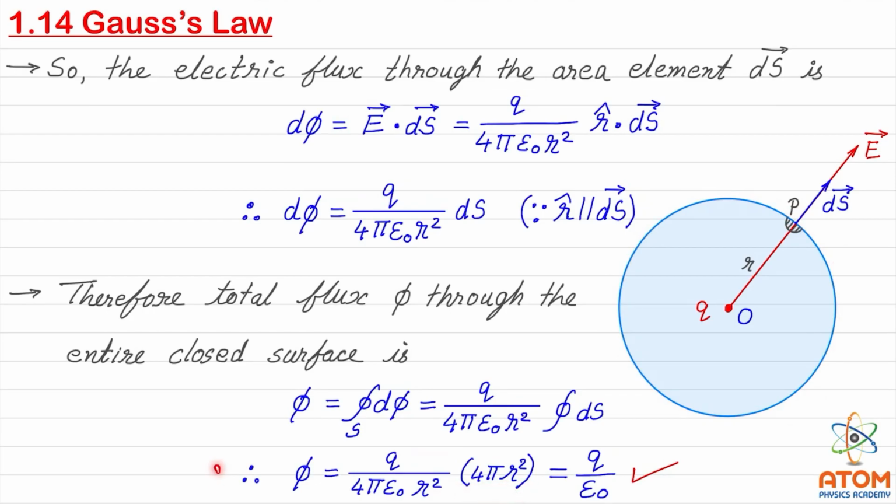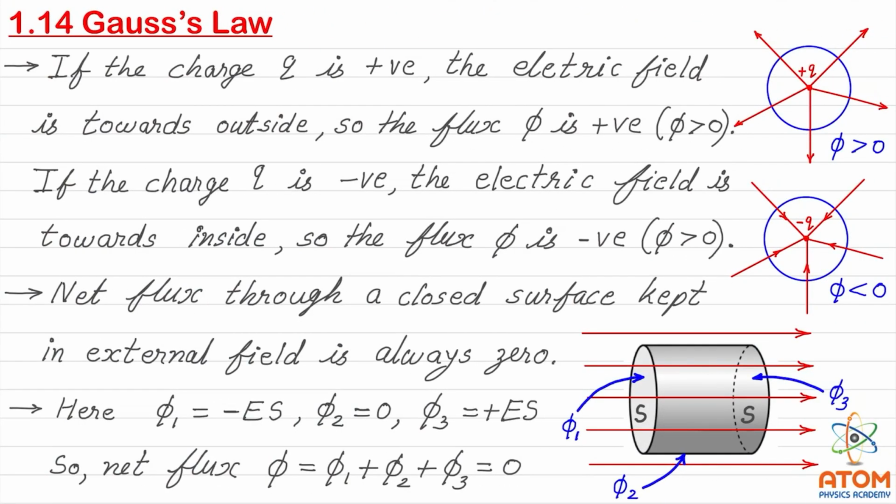So the equation will now become phi is equal to q upon 4 pi epsilon 0 r square times 4 pi r square. Here this 4 pi r square and this 4 pi r square will cancel out. So the remaining term is q upon epsilon 0. So here is a proof that for this closed surface you get phi is equal to q upon epsilon 0. Now see these notes about Gauss law.